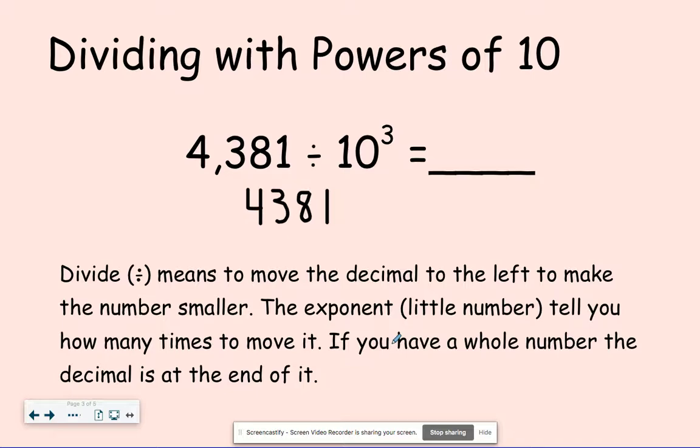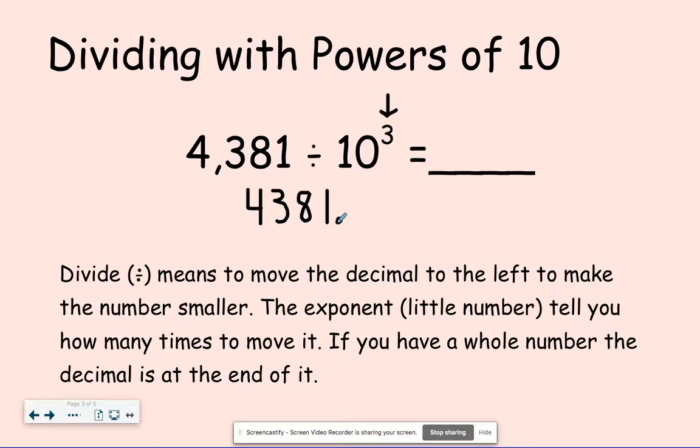Again, where is the decimal going to be located? Hopefully you said at the end, because at the end of whole numbers is where our decimals go. Now, just like when we were multiplying, the exponent tells me how many spaces or digits I'm moving by. So in this case, I'm moving 3 digits and I want to make the number smaller.